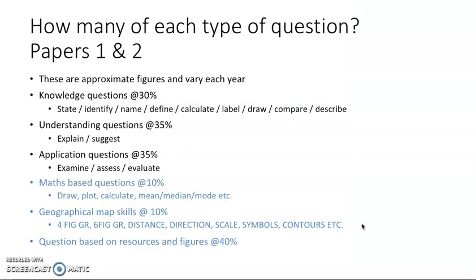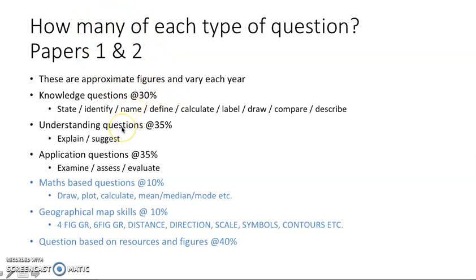So, just to recap on the type of questions that you'll find within the exam, the basic knowledge questions that you can see there account for about 30% of the total answers. This is because there isn't a higher or foundation paper, it's all differentiated throughout the paper. So if you can manage to get all of these correct, you'll be aiming towards a level 3 or thereabouts.